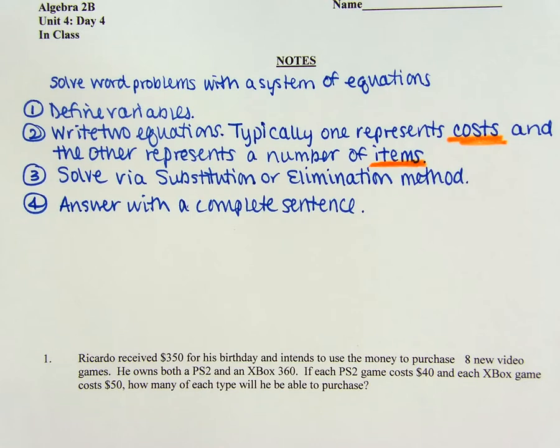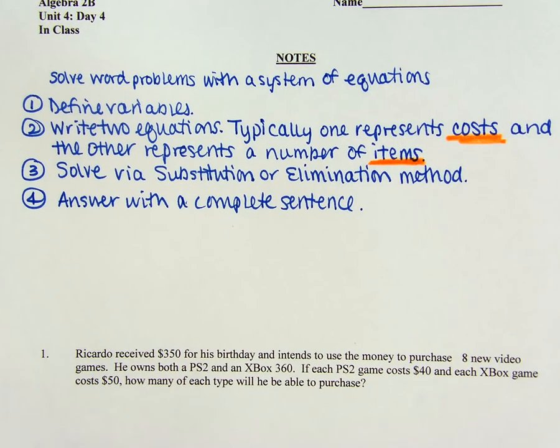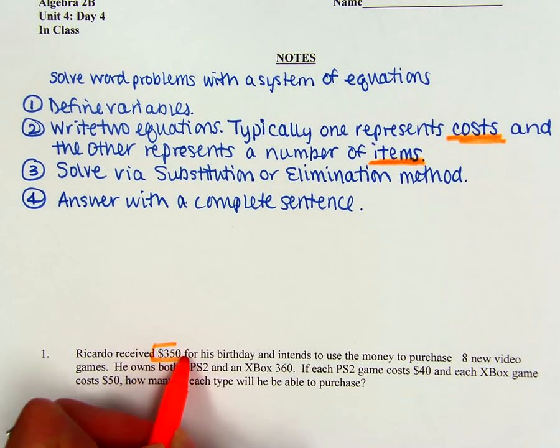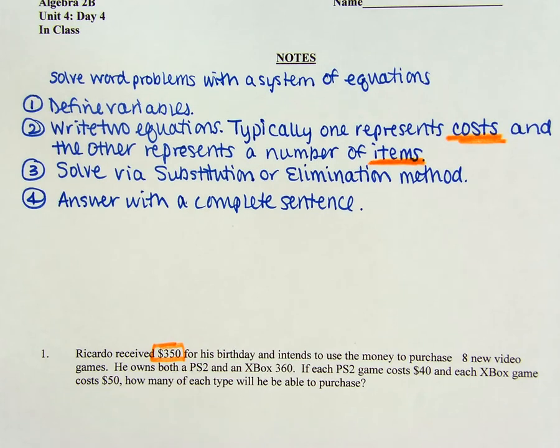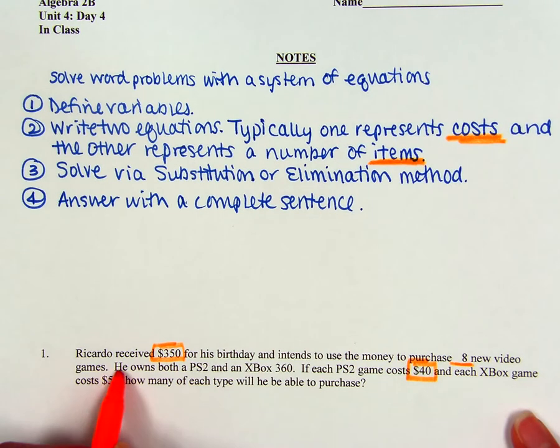All right, problem number one, it says Ricardo received $350 for his birthday, and he intends to use the money to purchase 8 new video games. He owns both a PS2 and an Xbox 360. If each PS2 game costs $40 and each Xbox game costs $50, how many of each type will he be able to purchase? So there should be two unknowns.